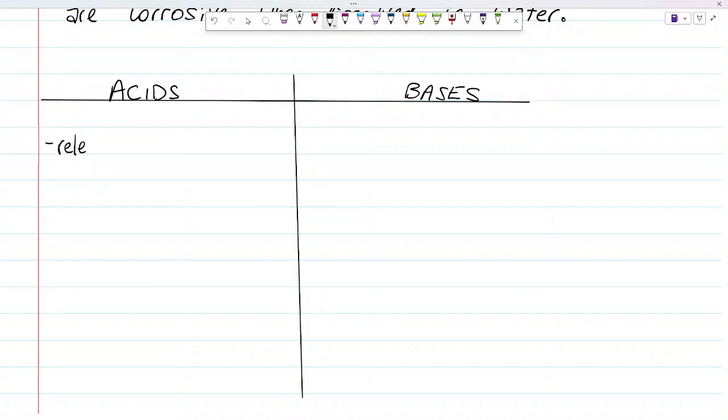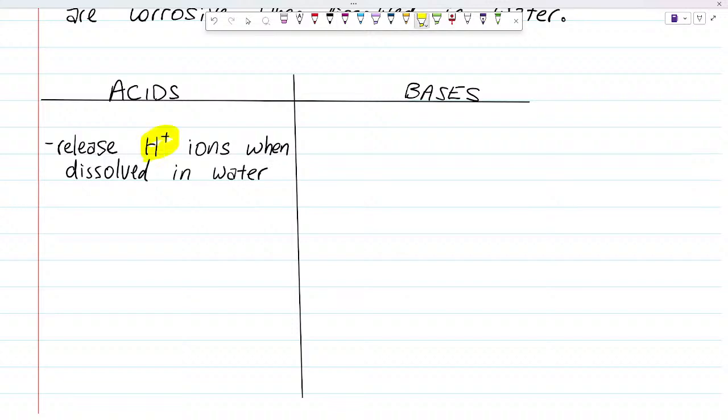But the first thing we're going to say is the definition of an acid is that they release H plus ions when dissolved in water. And again, we're going to make a little note of how that works and what it means. But for now, it's enough to say that for an acid, it is these little H plus.